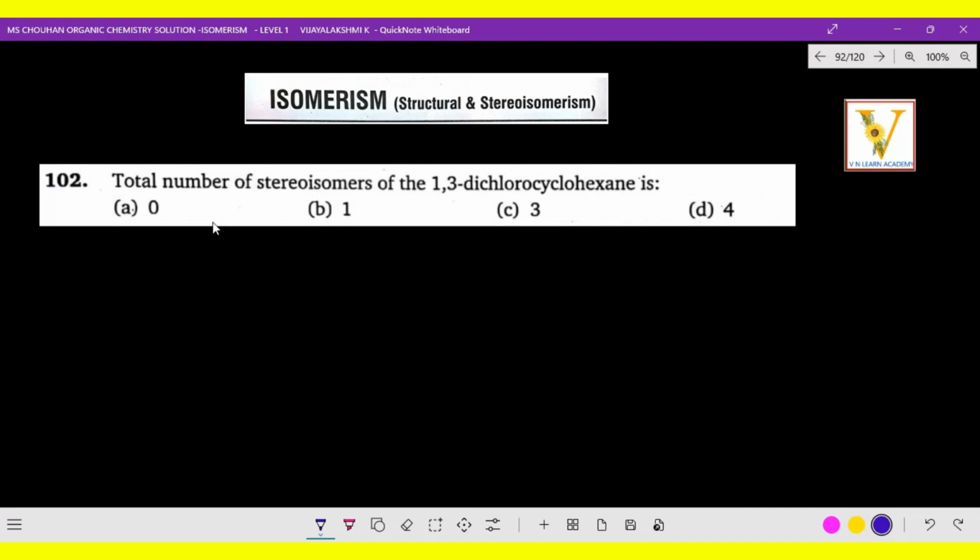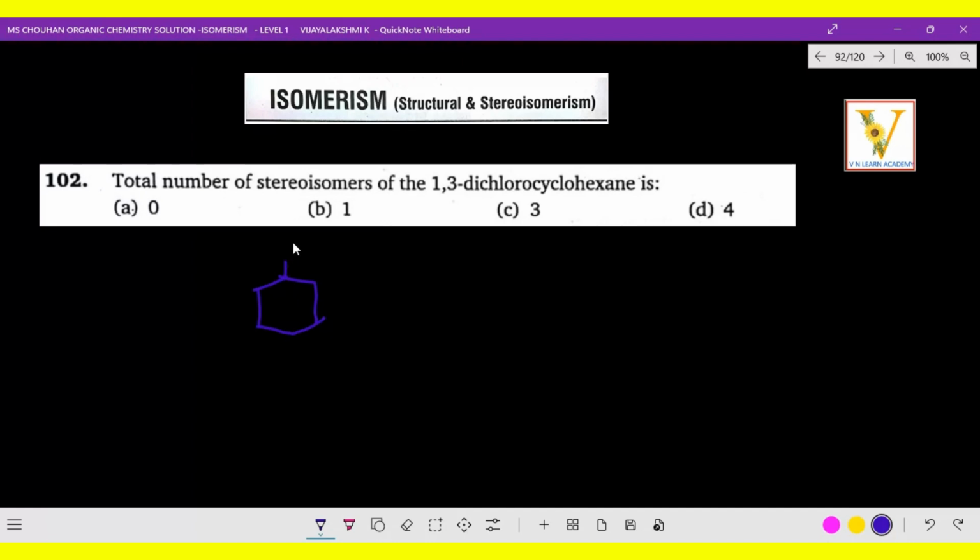The next question asks for the total number of stereoisomers of 1,3-dichlorocyclohexane. This is the same idea but a different compound. Let me draw the structural formula: this is cyclohexane, with Cl at positions 1 and 3.